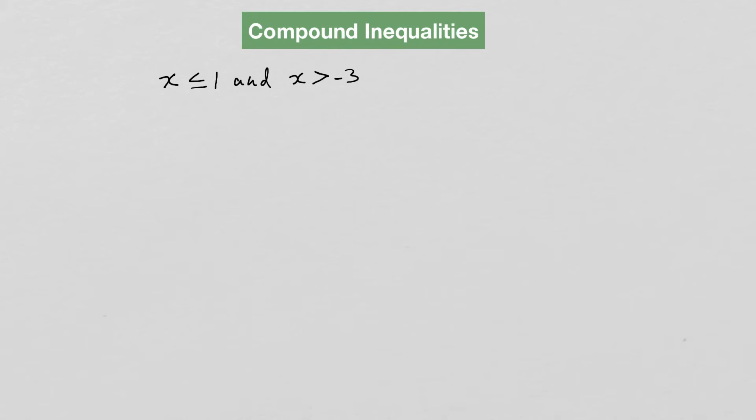So another way to write this is, and I'm going to move it over here to the right, x is less than or equal to 1, but it's also greater than -3. Okay, now if we were to graph this on the number line, it would look like this. Closed circle at 1, open circle at -3, and we would connect those 2 points.